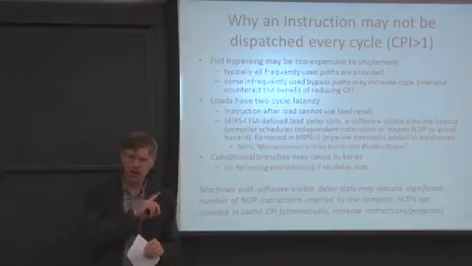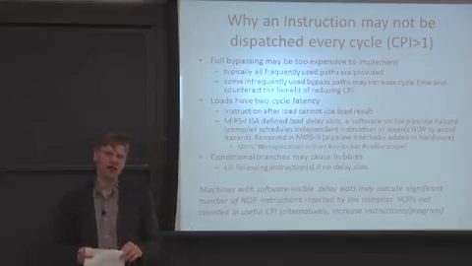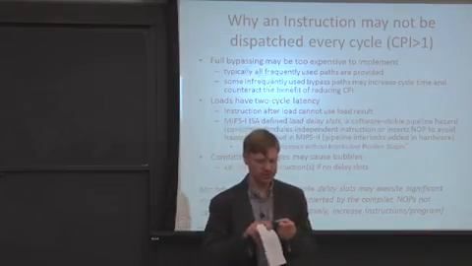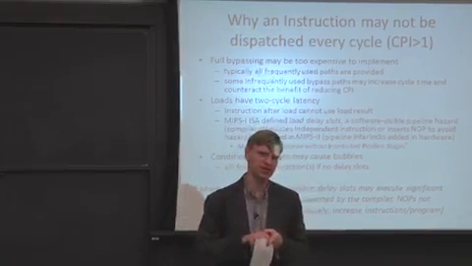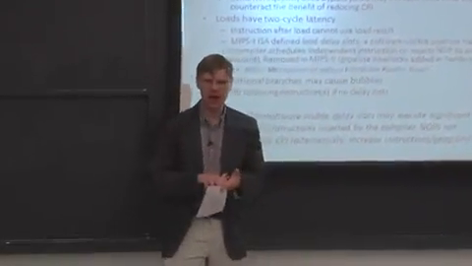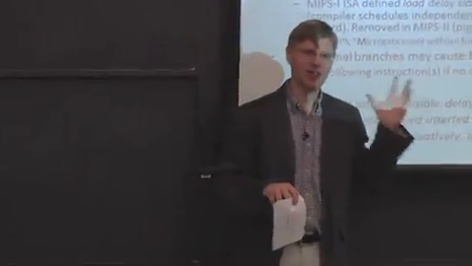Now, I wanted to point out, when we talk about CPI, and this is the note at the bottom of the slide, that you really want to think about CPI from the perspective of a usable CPI, instead of how many instructions are executing.